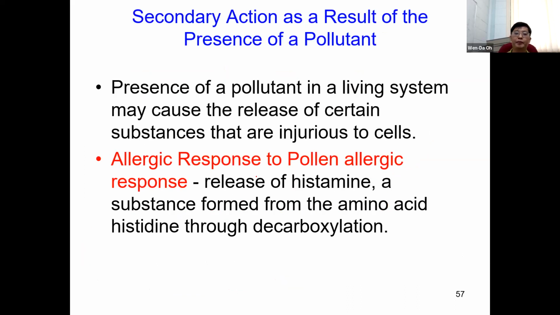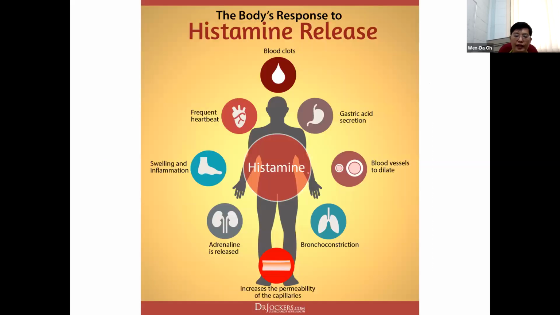Another one would be the presence of a pollutant causing the release of certain substances. For example, pollen. When you absorb pollen in your body, it releases something called histamine, which can cause allergic reaction. This allergic reaction is very dangerous to certain people because it can cause breathing problems, it can cause the heartbeat to increase, and it can cause irregular blood pressure and so on.